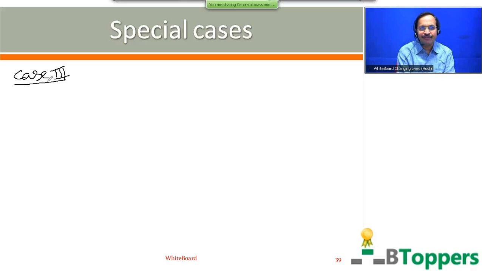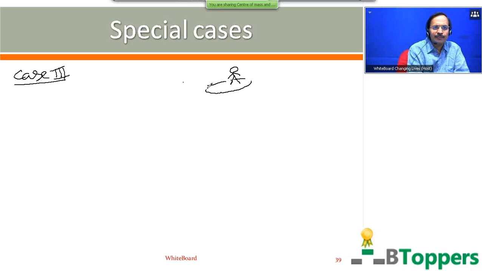That means I consider a person, a boy or man, or a person of mass small m, standing initially at rest on a boat of mass capital M, which is initially at rest and floating in a still water lake.